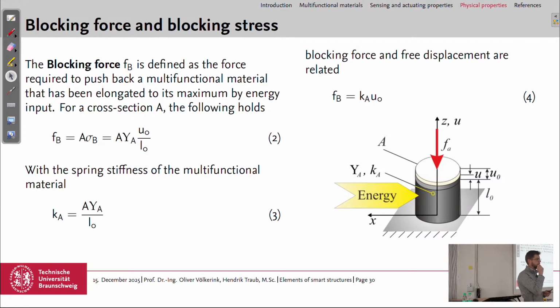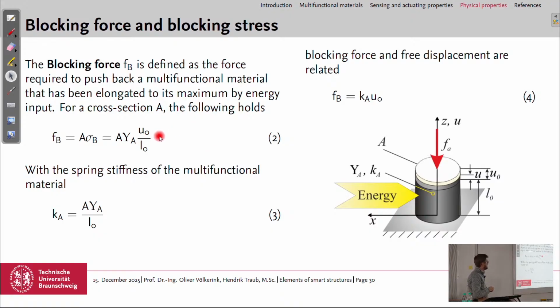Yeah, so the epsilon, you mean? So the blocking force, you can also say that the blocking force is the cross section A times the blocking stress, sigma B. And here, sigma B, you can also state as epsilon A, which is now our Young's modulus in this lecture, because E is the electric field.